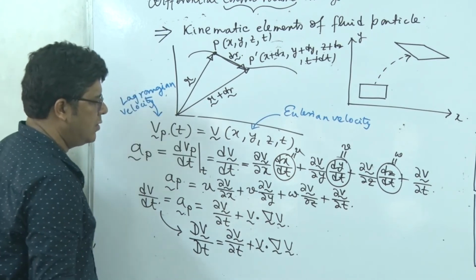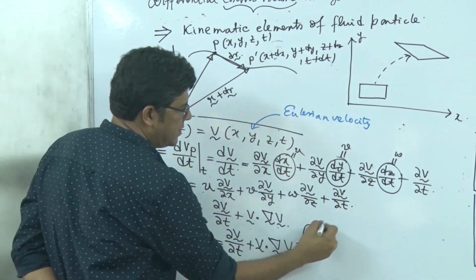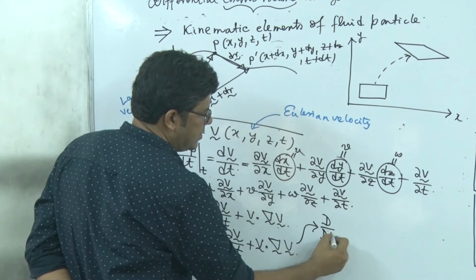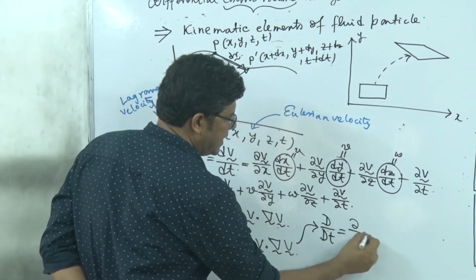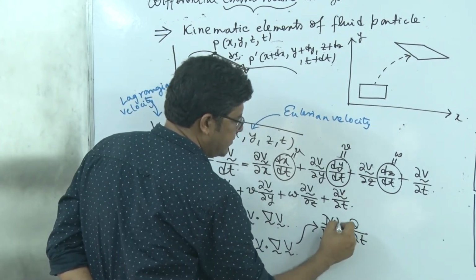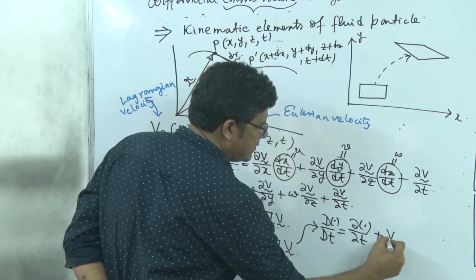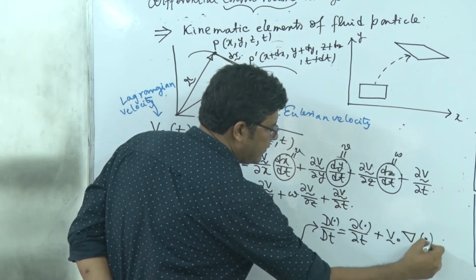Right? Where this capital D/Dt operator is del/del t plus V dot grad of this.